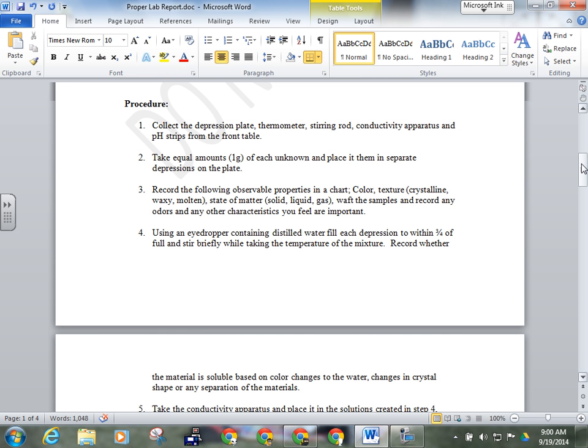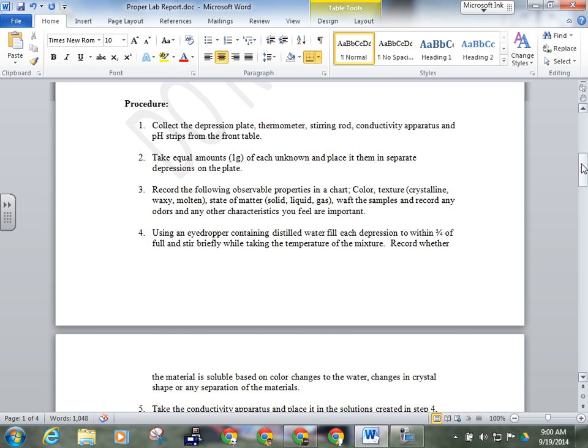All right. Fourth step, using an eyedropper containing distilled water. We use the wash bottles. Okay, fill each depression to within 3/4 of full and stir briefly while taking the temperature of the mixture. Record whether the material is soluble based on color changes, changes in the crystal's shape, or any separation of the materials.